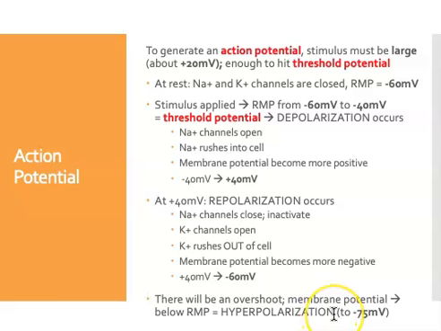That is hyperpolarization. And the reason that happens is because the potassium channels that opened up at plus 40 are going to stay open until minus 75 is reached. So we're going to see a repolarization and then a hyperpolarization to minus 75.